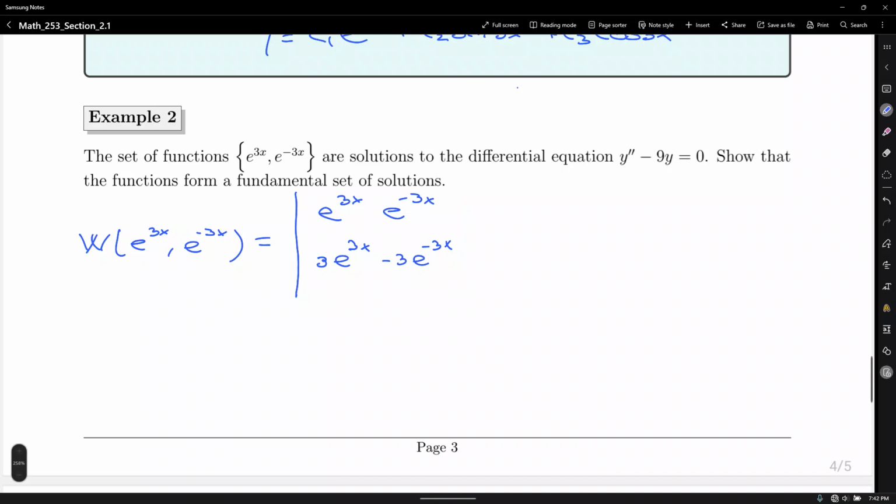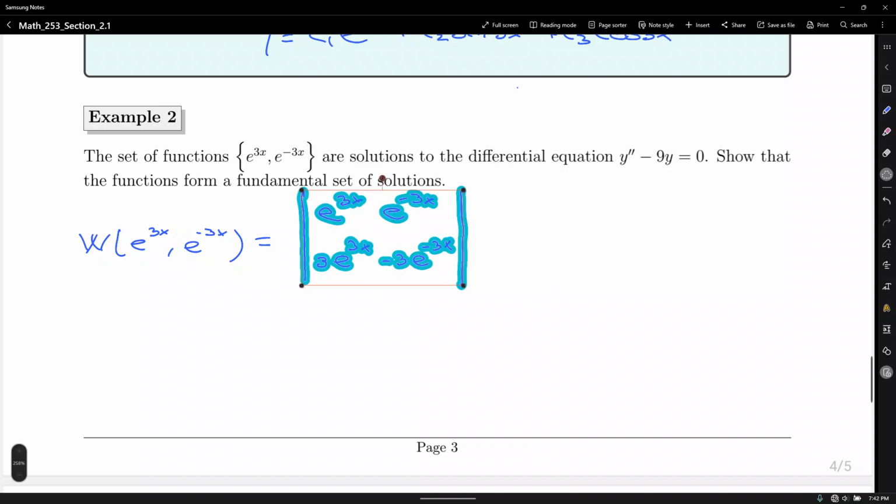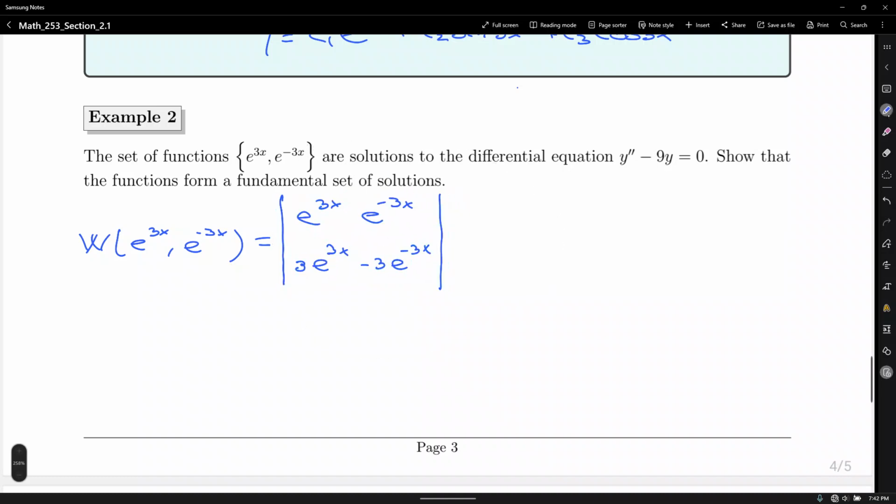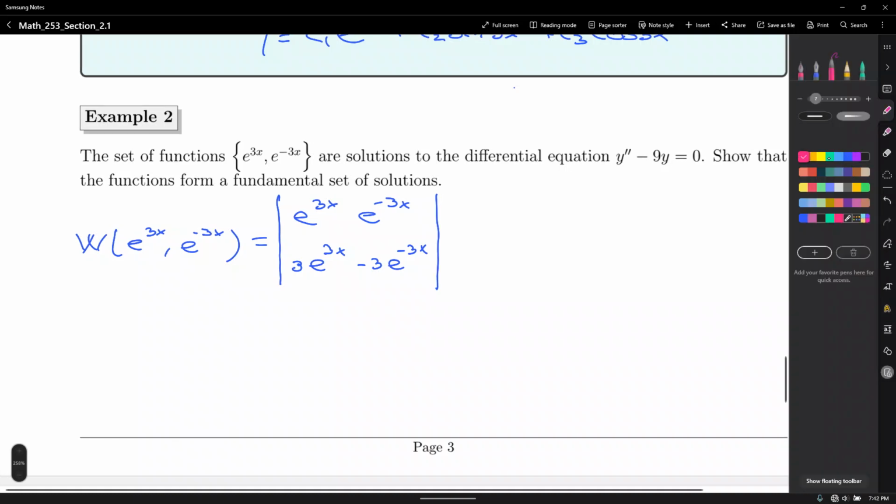Okay, so let's evaluate this determinant. To evaluate a 2 by 2 determinant, all we need to do is multiply the elements along the main diagonal, that is the 1 1 element with the 2 2 element.